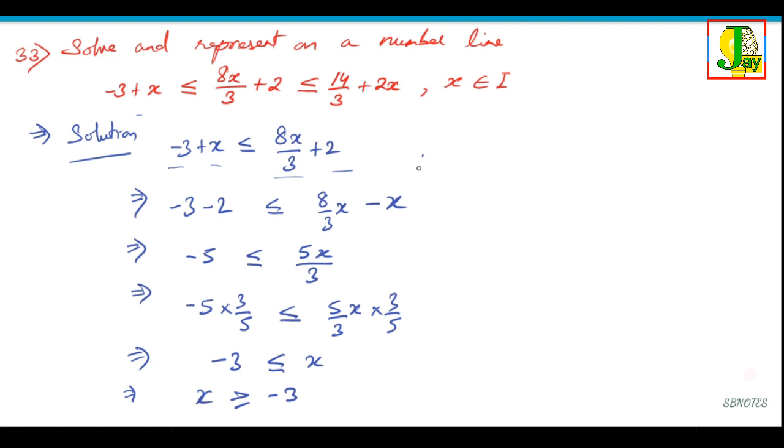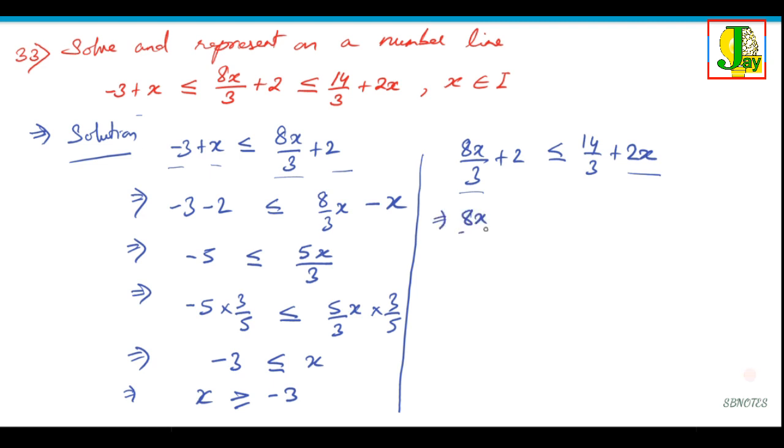ठीक है, अब सेकंड जो इनइक्वेशन है उसको देख लेते हैं. 8x/3 plus 2, 14/3 plus 2x. Again, seeing the terms with x, 2x is less than this, so we'll bring it to this side. -2x to 14/3 -2.